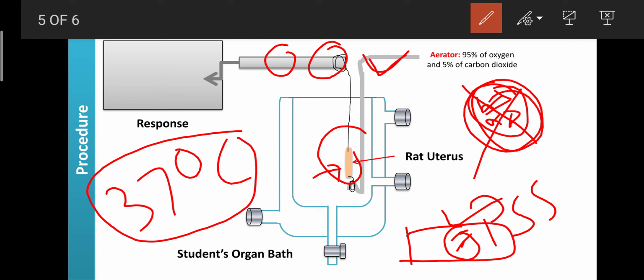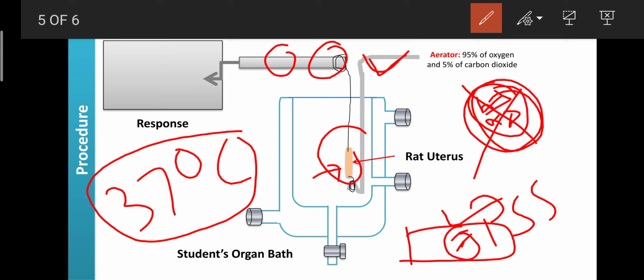It can connect to the aerator, so that the aerator can supply 95% oxygen and 5% carbon dioxide. So whatever oxygen is given in hospitals or to animals, that oxygen also contains 5% carbon dioxide and 95% oxygen.